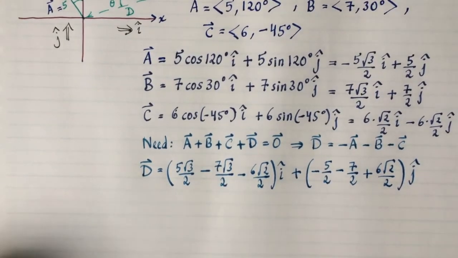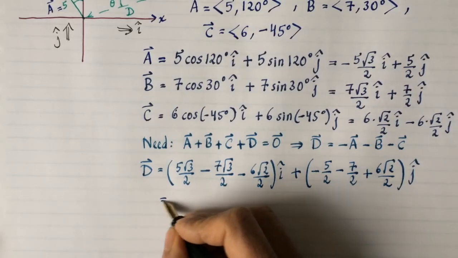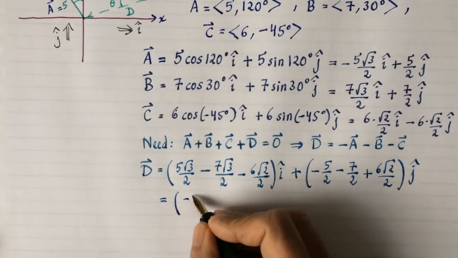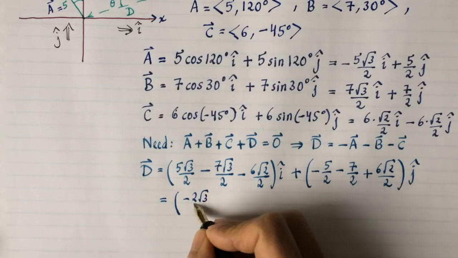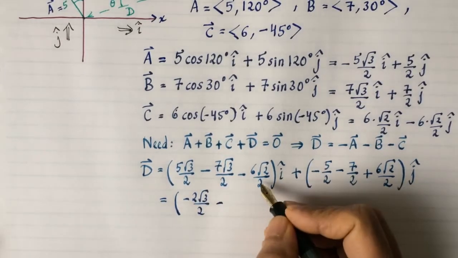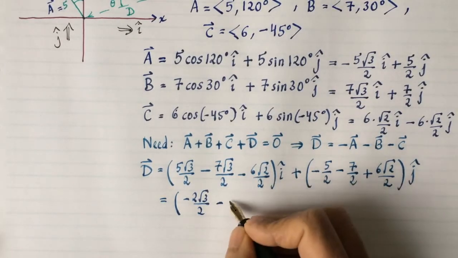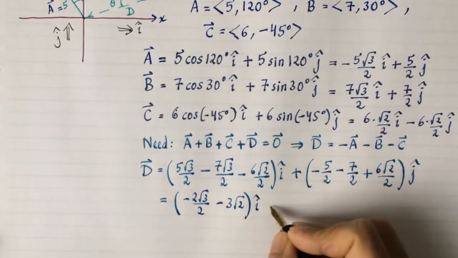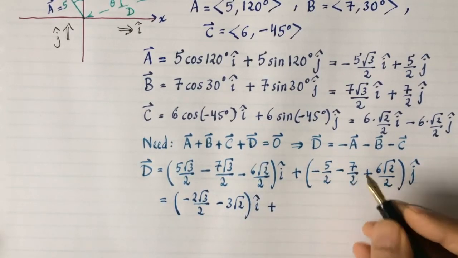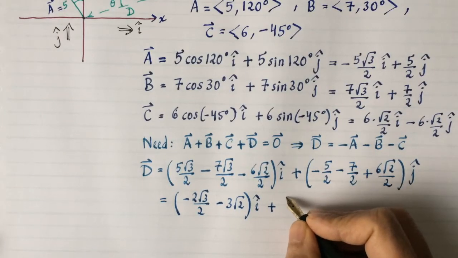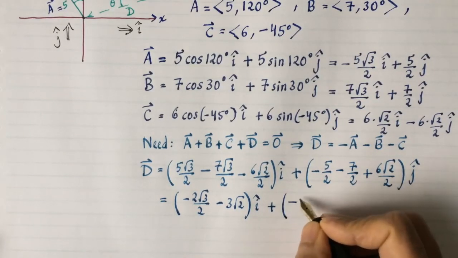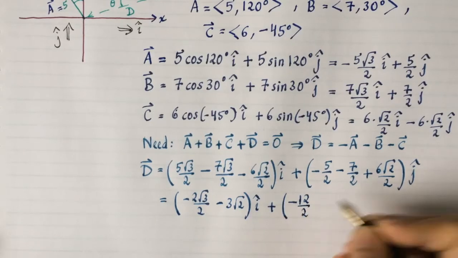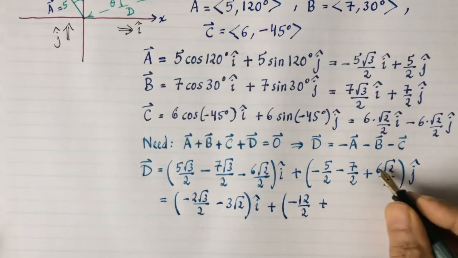Well, this can be simplified. 5 minus 7 is negative 2, so I can write this as negative 2 root 3 over 2 minus, 2 goes into 6 3 times, so that's 3 root 2, and then this is 5 and 7, which is 12, and then 2 goes 3 times.